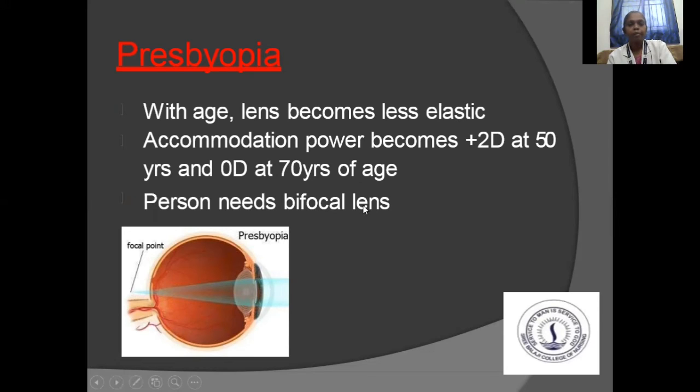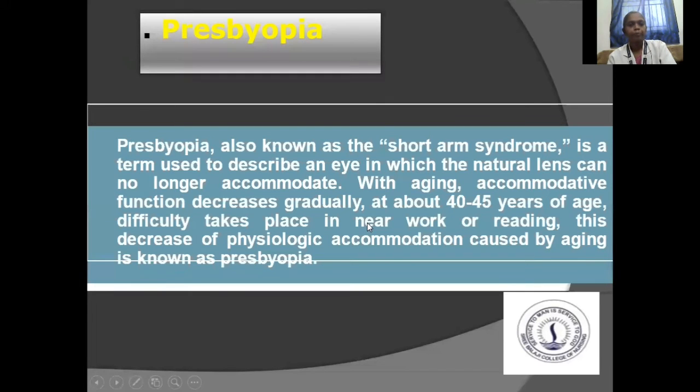For a person in such a situation, we need to provide bifocal lenses. We have to manage both, so for the focal point we have to have bifocal lenses. Presbyopia, otherwise called short arm syndrome, is a term used to describe an eye in which the natural lens can no longer accommodate.